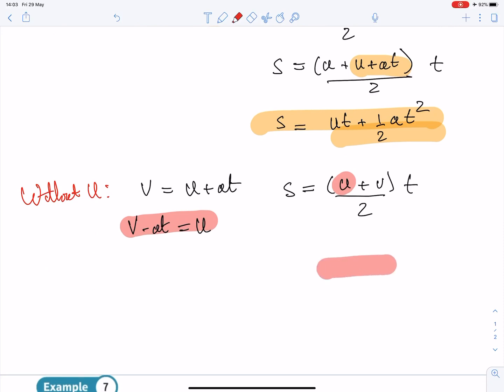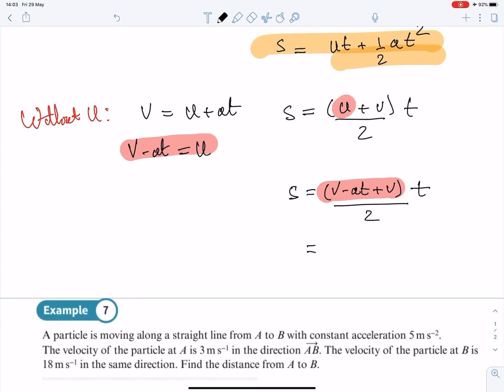We get s equals, instead of u, v minus at, plus v, times t over 2. So we've got 2v over 2 to leave v times t, minus a half at squared. And that is our fifth and final SUVAT equation, the one without u, that you will need to learn.